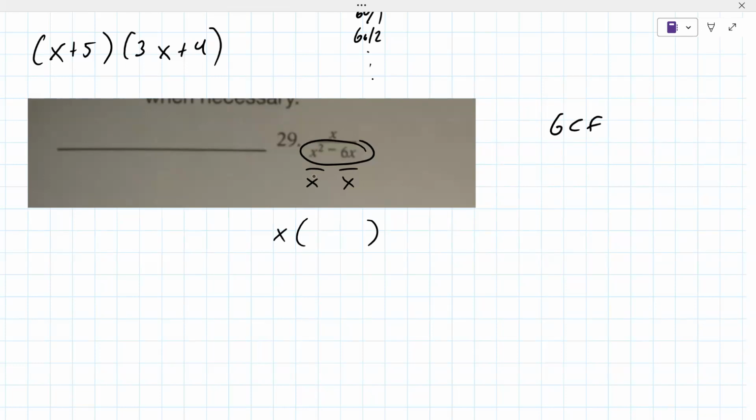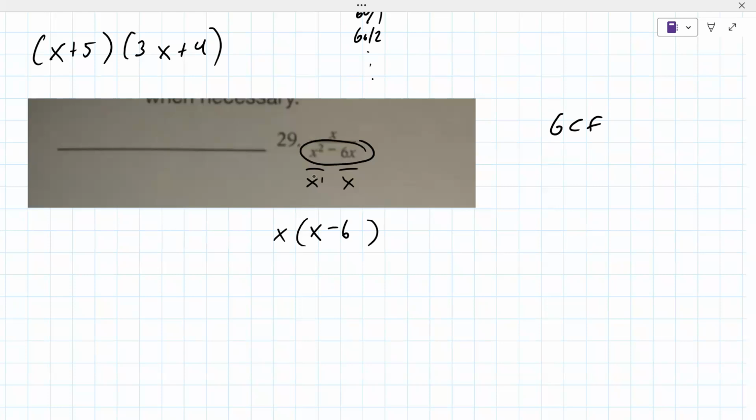We would get 6x, and then in parentheses 6. No, you're dividing them both by x. So it would be x, and then x minus 6. x times x minus 6. Okay.